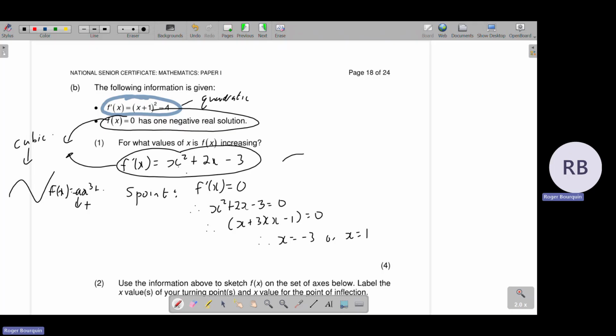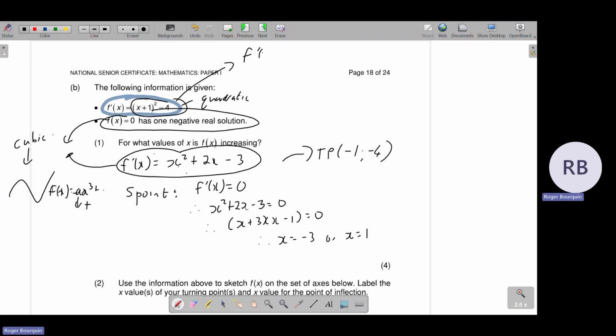Okay. What's the turning point of your derivative function from this pattern? f dash of x is x plus 1 squared minus 4. The turning point would be 1 to the left, which is negative 1 and negative 4, right? So they didn't say this to me, but if the question is saying when is it increasing? Because remember this form, a times x minus p squared plus q.